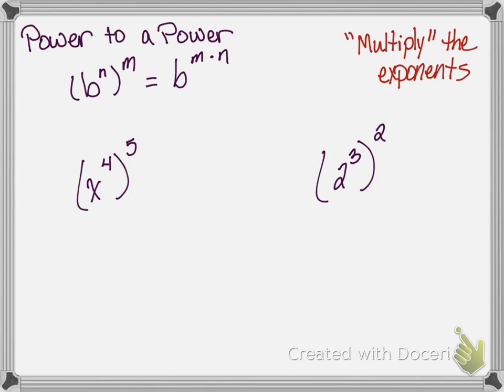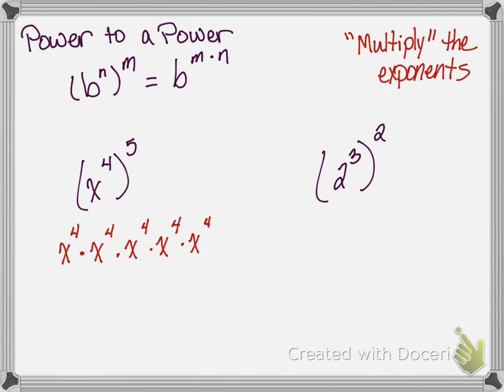Okay? So x to the fourth raised to the fifth power, what that means is I have x to the fourth multiplied times itself how many times? 5 times.